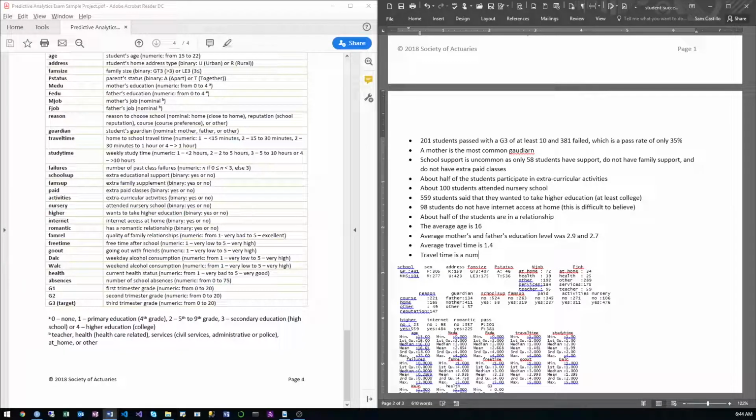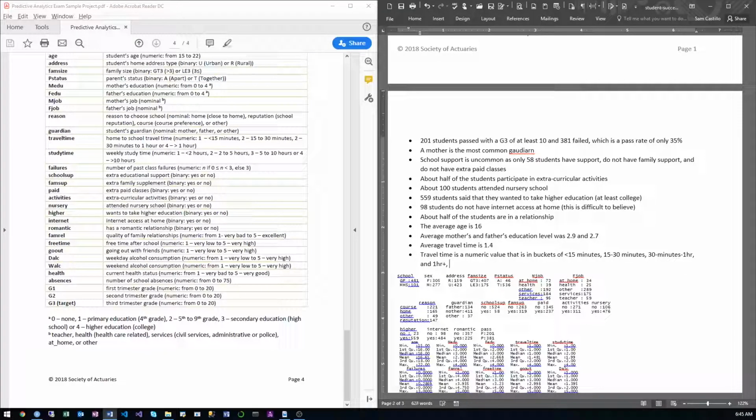Travel time is a numeric value where a higher increment value is in buckets of less than 15 minutes, 15 to 30 minutes, 30 minutes to 1 hour, 1 hour plus, which means that we can use the numeric levels from 1 to 4 directly in the model.